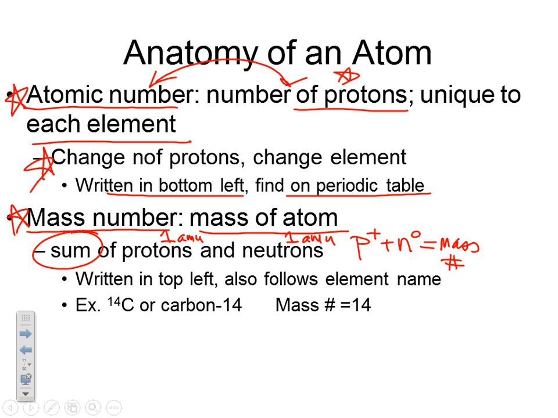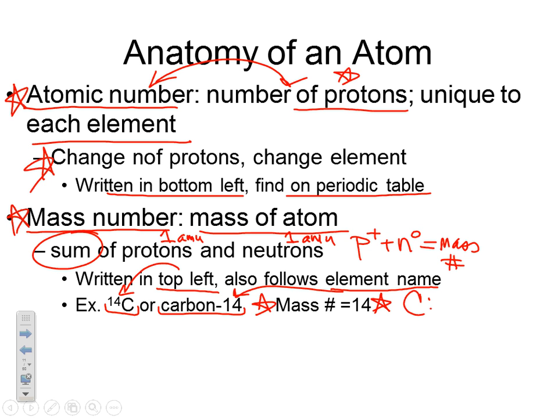When we write the mass number, it's always going to be in the top left-hand corner around a symbol. Or if we're writing the word for the element, it would be the number that follows the element name. So we have, for example, this right here, top left-hand corner, C14, or I could write it as carbon 14, that number that follows. All of this is saying that the mass number for this particular carbon is 14. Well, what does that mean?